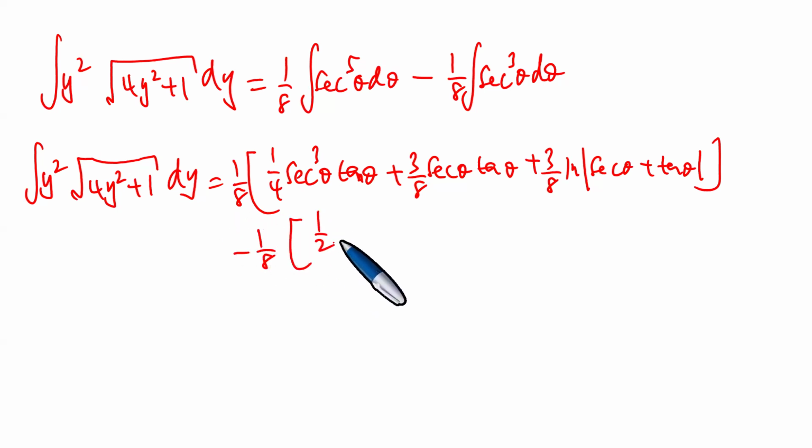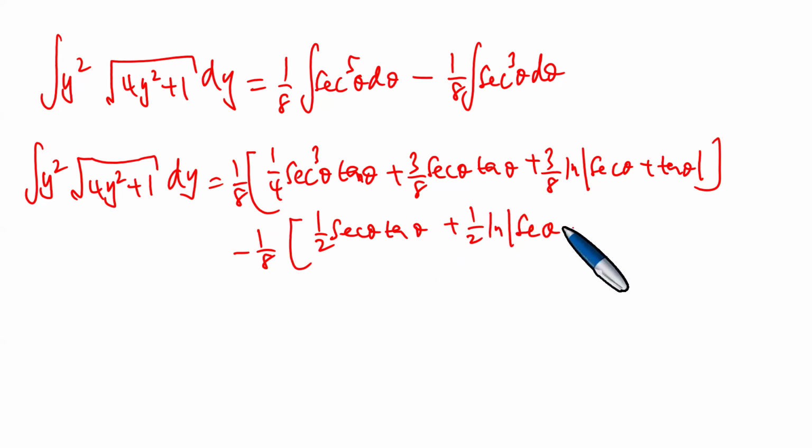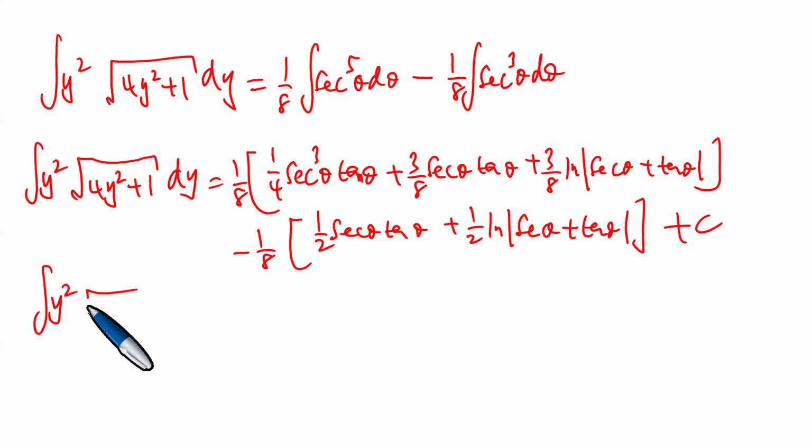So this integral is 1/2 the secant of theta, the tangent of theta, and then also 1/2 the ln of the secant of theta plus the tangent of theta, plus c. So it's for this one plus c. Meaning whenever you have the integral of y squared and then we have 4y squared plus 1.